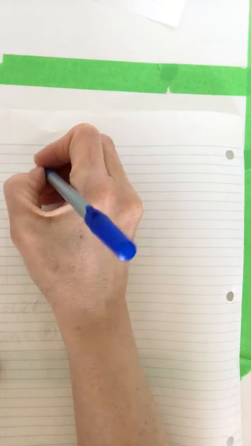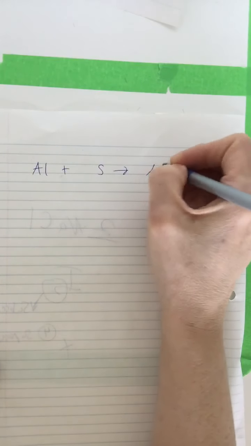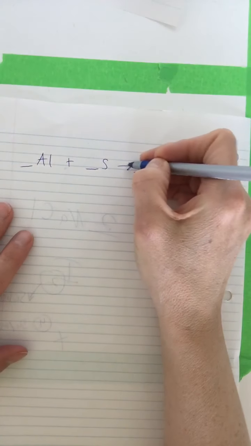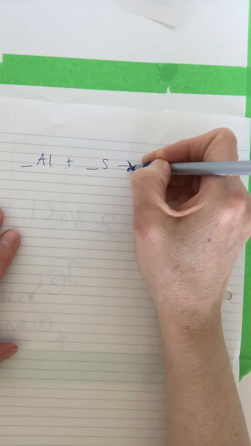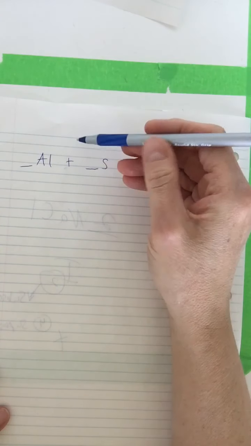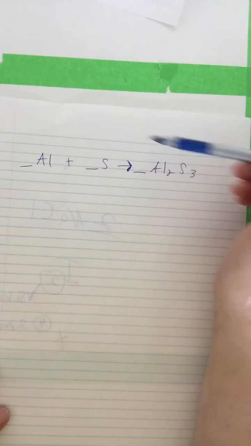So this is the example on the PowerPoint. Okay, it's got blanks out front like this. All right, so here's how they do the tally marks, and you can do it this way if you'd like. This arrow divides the equation: these are the reactants, these are the products.